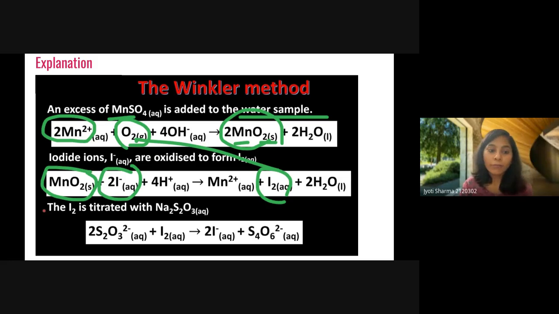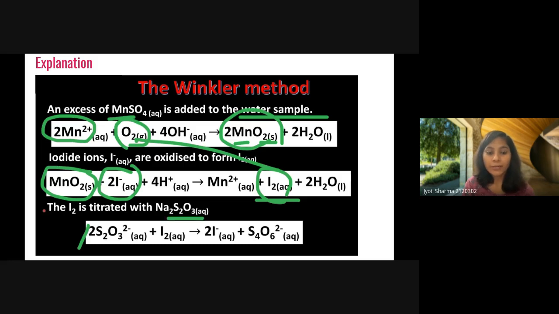Okay, so if we want to see the concentration of oxygen, then we have to know the concentration of I2. And how can we know the concentration of I2? We can do this using titration with sodium thiosulfate.